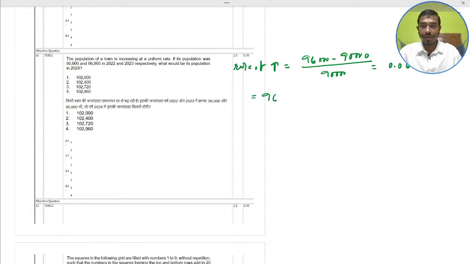In 2024, 96,000 into 1 plus 0.067, this is the increase. So this would be 102,400. Option 2 would be the correct one.